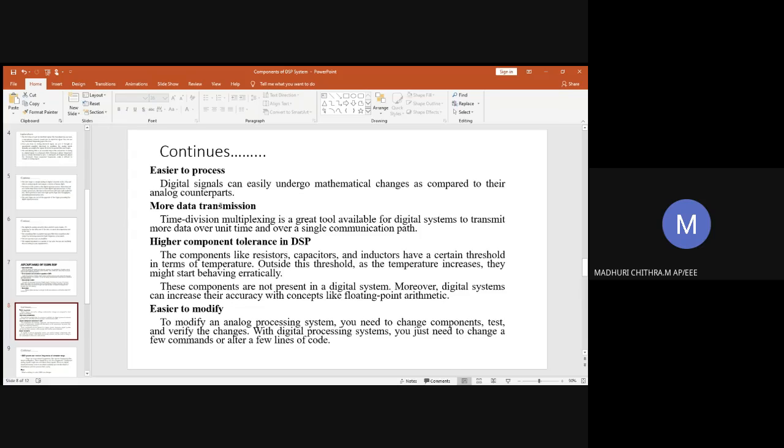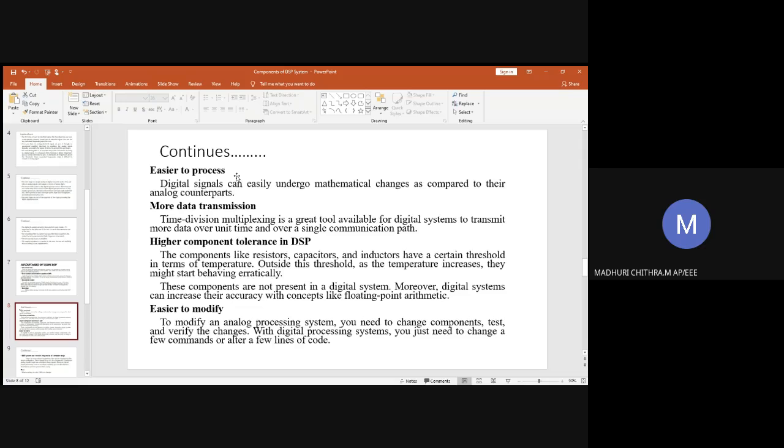Outside this threshold, as the temperature increases, they may start behaving erratically. These components are not present in digital systems. Moreover, digital systems can increase their accuracy with features like floating point arithmetic. So it is easier to modify. To modify an analog processing system, you need to change components, test, and verify the changes. With digital signal processing, you need to change a few commands or alter a few lines of code.